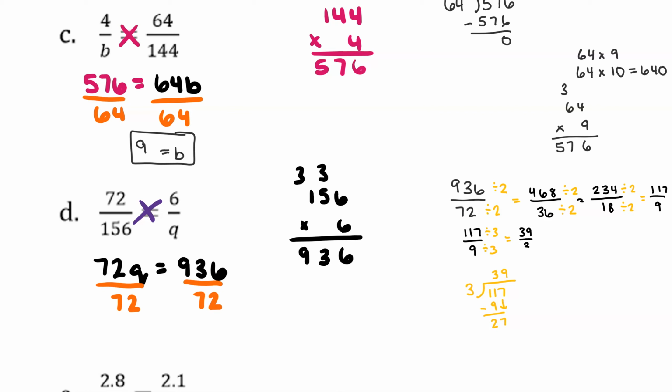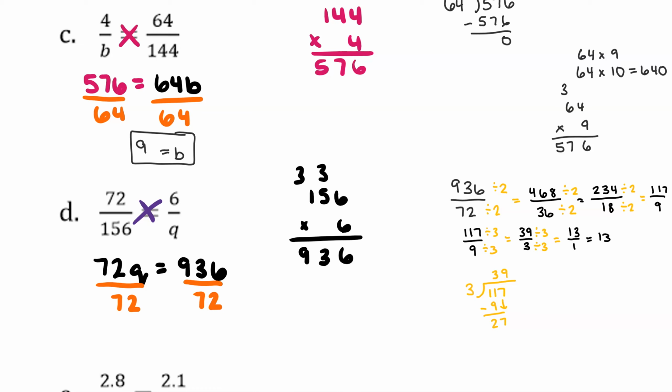And the bottom number is 3. Now 39 and 3 are both divisible by the same thing. They're both divisible by 3. So 39 divided by 3 is 13. 3 divided by 3 is 1. So when 1's on the bottom, you don't generally have to write it unless we're writing a proportion.